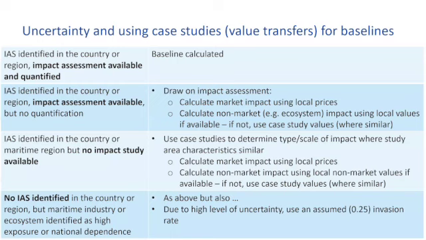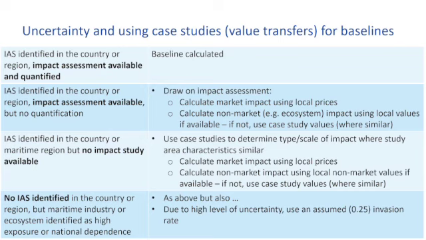When you're using case studies or transferring values from other studies, there's a hierarchy of types of case studies that might be available. The first example: if the species has been identified in the country and an impact assessment is available and quantified, you've already got your baseline information, and all you need to do is calculate the impact of the policy.